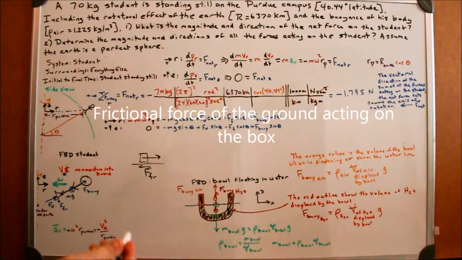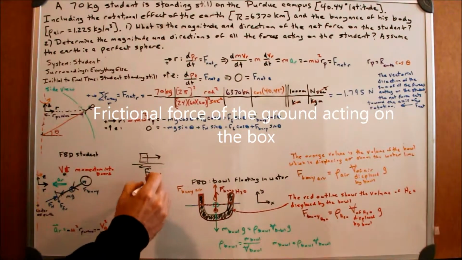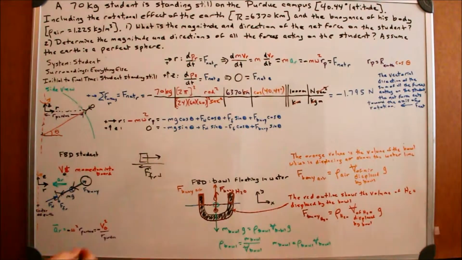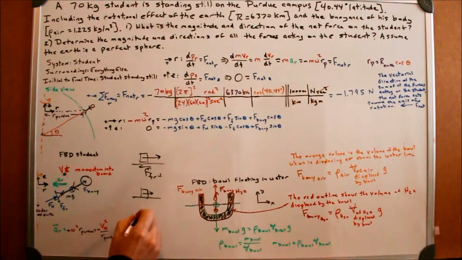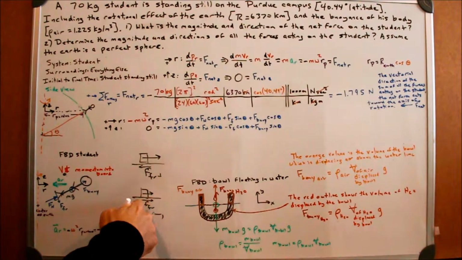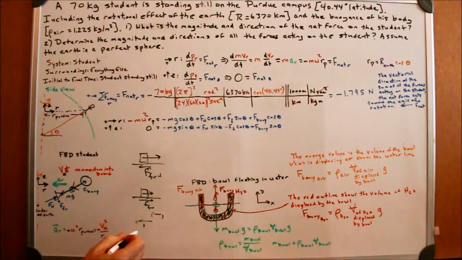When you solve it and the frictional force turns out to be positive, it means the direction you thought was correct. If you're wrong, the frictional force will turn out negative, which just means it's positive in the other direction.